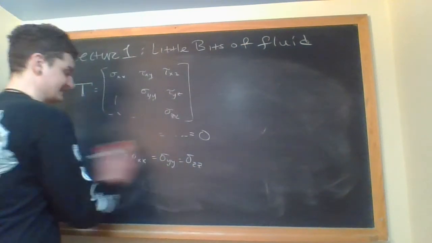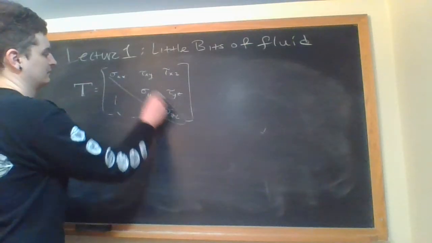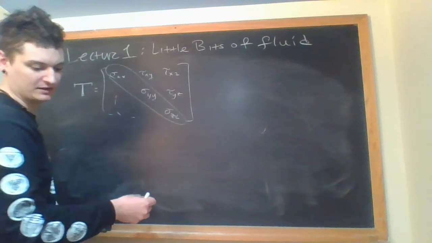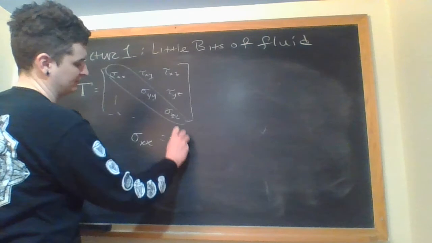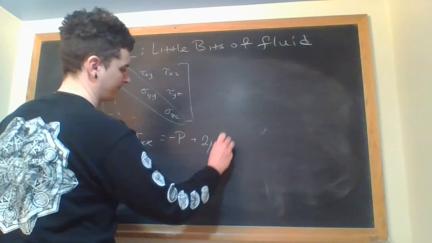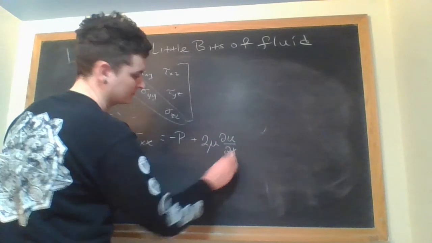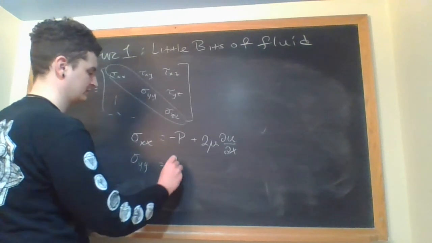And then for a viscous fluid, you make an assumption on these shear forces, where you make a Newtonian fluid approximation. You say that the compressive force is the negative of the pressure plus this term here. And then same for these.